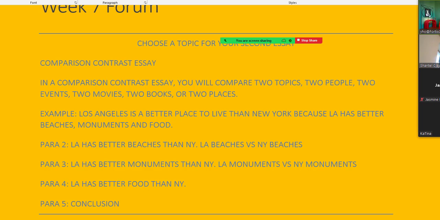Then paragraph 2 would be Los Angeles has better beaches than New York. Paragraph 3 would be Los Angeles has better monuments than New York. And then paragraph 4 would be about Los Angeles has better food than New York. And then conclusion.